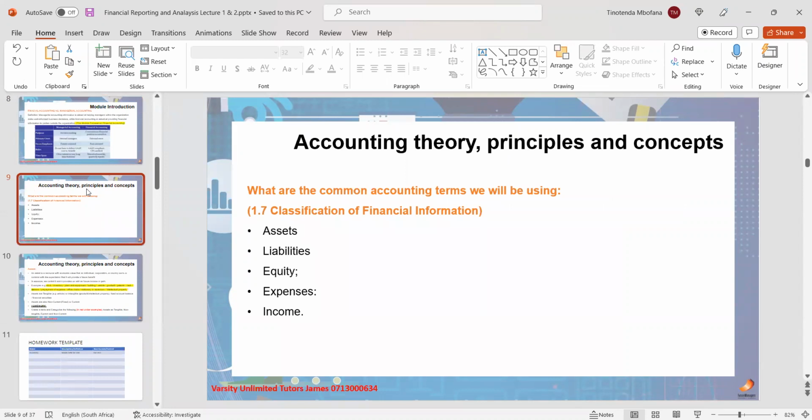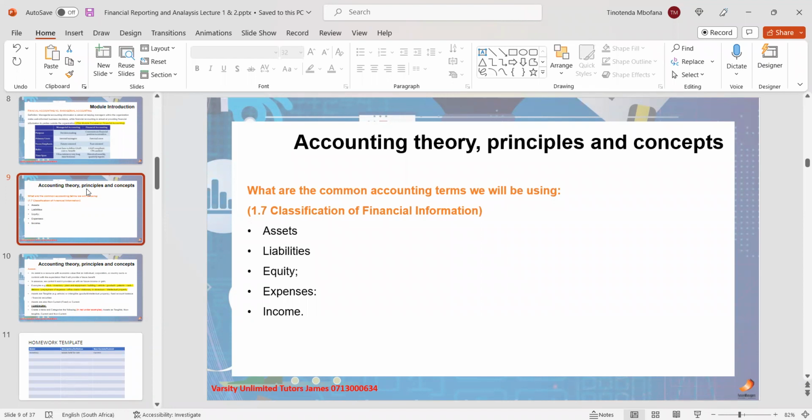All right, so classification of financial information. In this course that you're going to do during the semester, you are going to be hearing a lot of words like assets, liabilities, equity, expenses, income. You can see I was only talking about cash, about profit, about losses. So that's the terminology of someone who understands accounting theory, right?